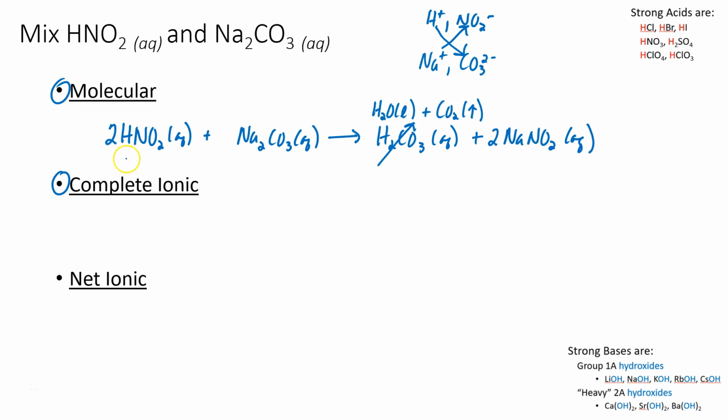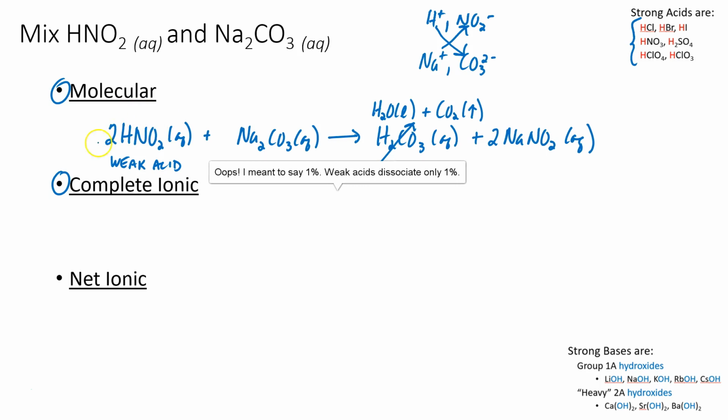Well, look at this first acid. Is it on our list of strong acids? No, it is a weak acid. And since they only dissociate a small percentage, leave this weak acid together. Do not dissociate weak acids.